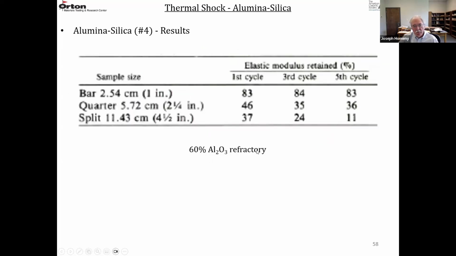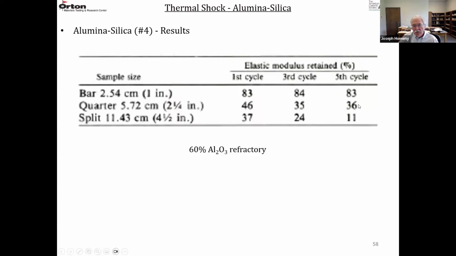So this is a 60% aluminum refractory that went through the 5 cycles, and then this is the elastic modulus retained after 1, 3, and 5 cycles. For the small bar, the intermediate size sample, and the largest or thickest sample. So you can see this is pretty constant, about 83% retained.